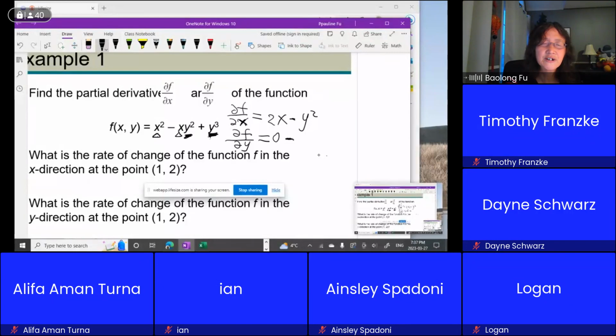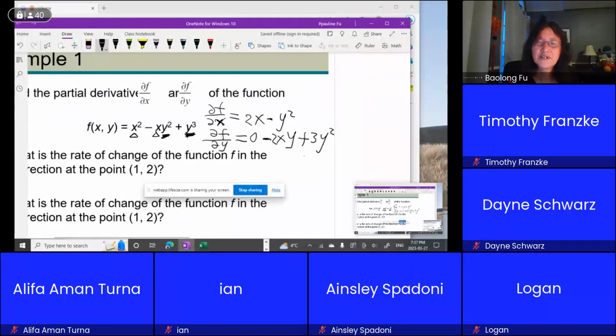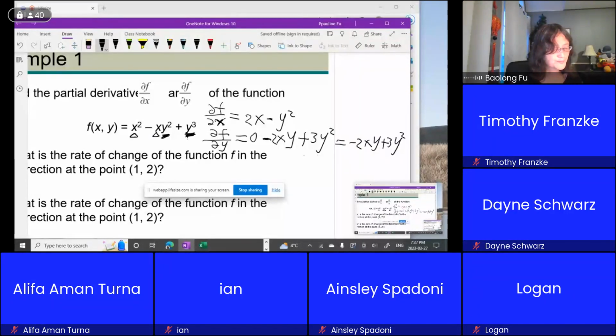So x stays constant, and the derivative of y squared is 2y. And for the last term, the derivative of y cubed is 3y squared. So the final result.